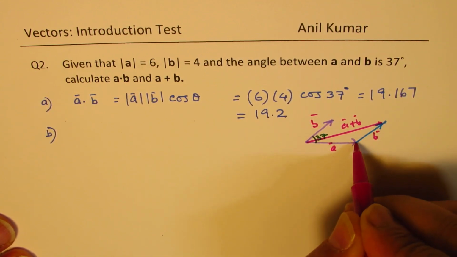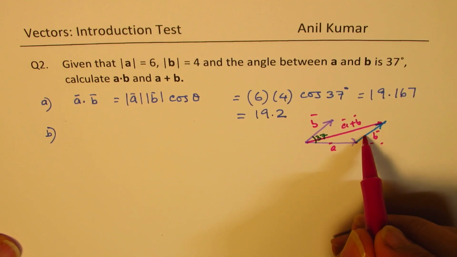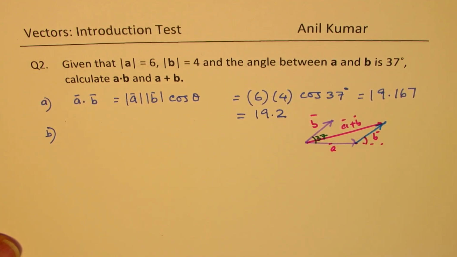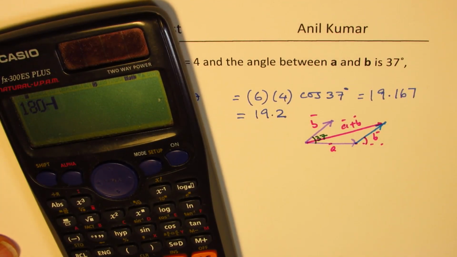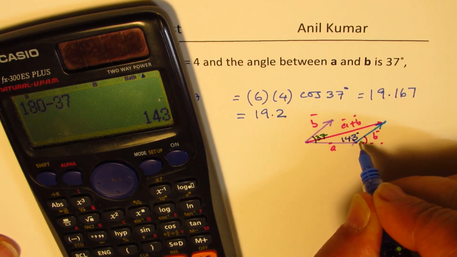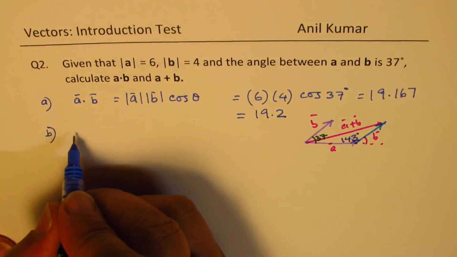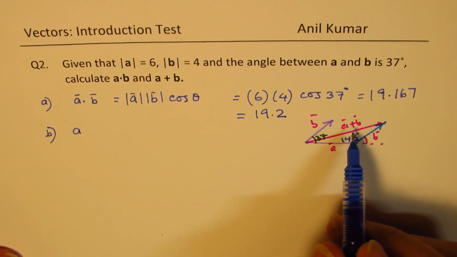That is also B. Now, the angle which we take is not 37, but it is 180 minus 37. Clear? To apply the cosine law. So we have 180 minus 37 equals 143. So this is the 143 degrees which is being used, right? So A plus B, we have both magnitude and direction, right?